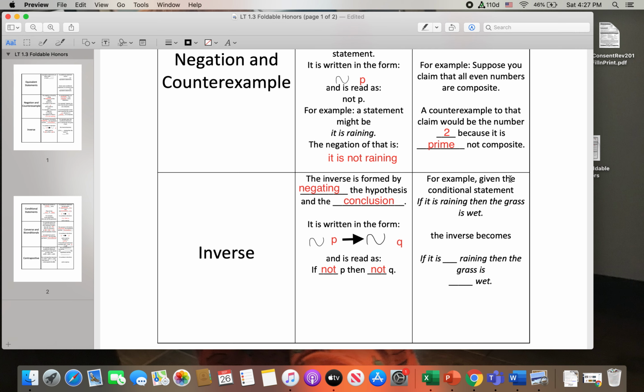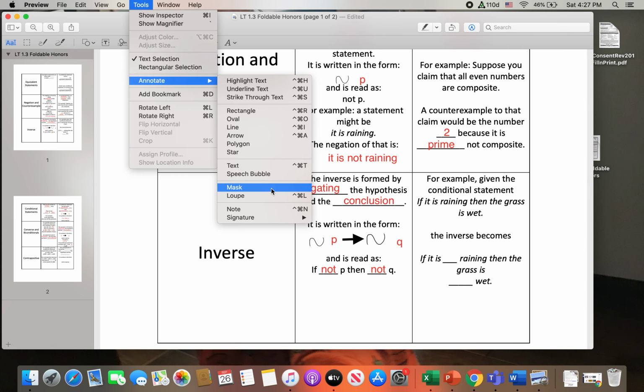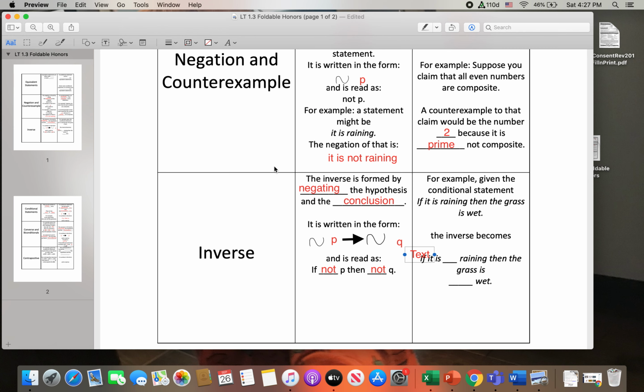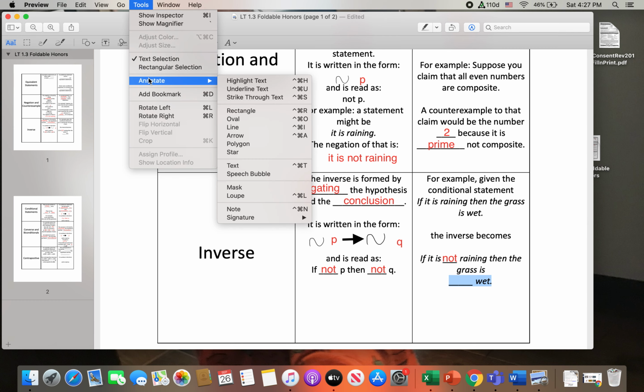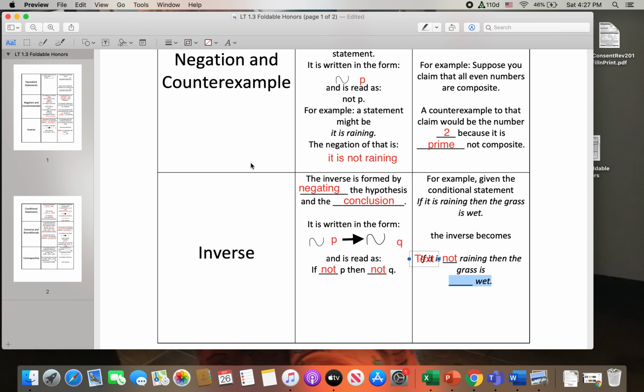So let's look at an example. If you start with a conditional that says, if it is raining, then the grass is wet. The inverse becomes, if it is not raining, then the grass is not wet.